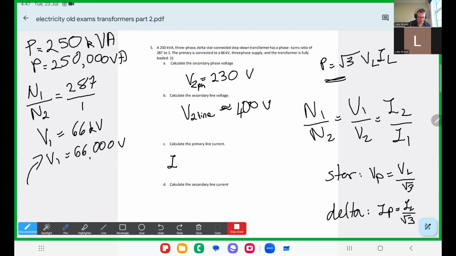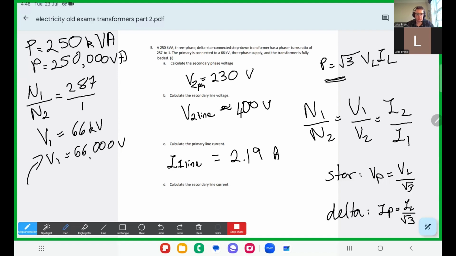I line, and I'm going to do I1 line equals 2.19 amps. All right, the secondary line current.